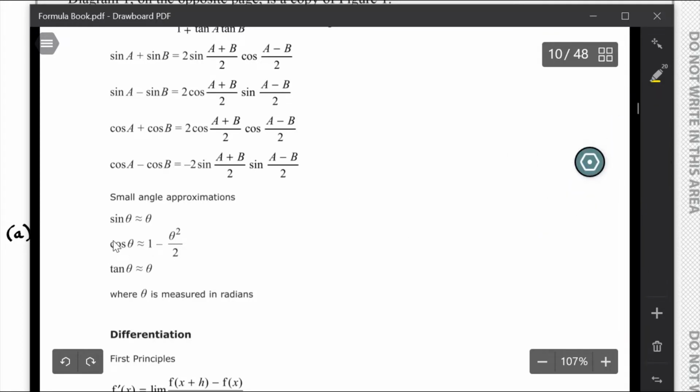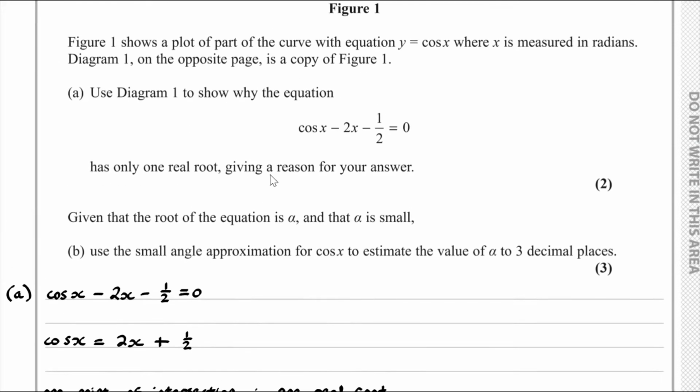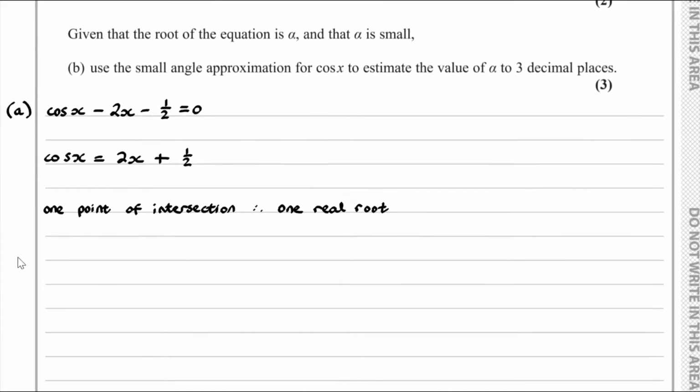Cos theta is approximately 1 minus theta squared over 2. So we can use that angle approximation and replace that with what we have over here. So for part B, using the small angle approximation, we have 1 minus 1/2 x squared minus 2x minus 1/2 equals 0.